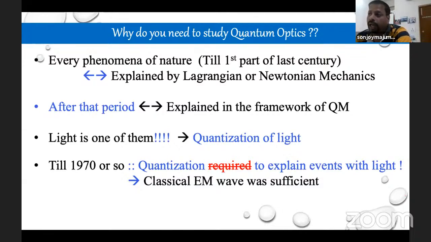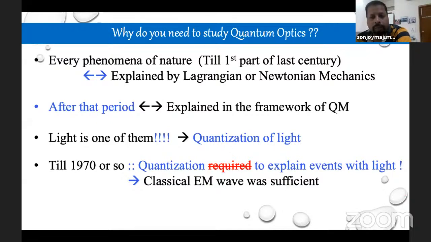Then there came the new topic, quantum mechanics, and this framework of quantum mechanics successfully explained many of the phenomena, which was required also. Whatever phenomena were available in nature, people started trying to explain them in the framework of quantum mechanics.